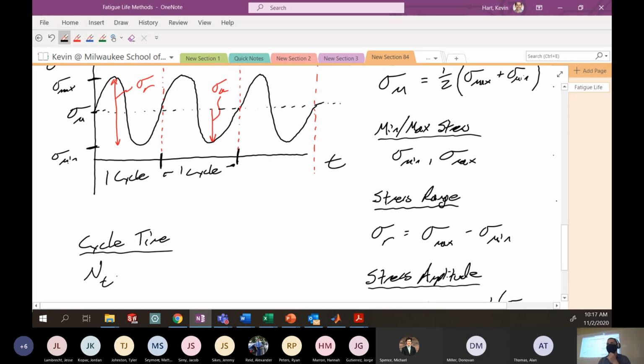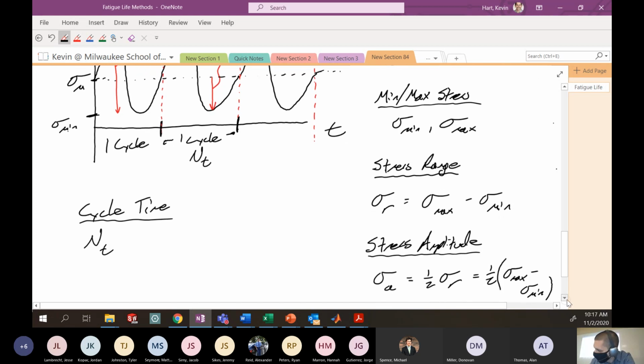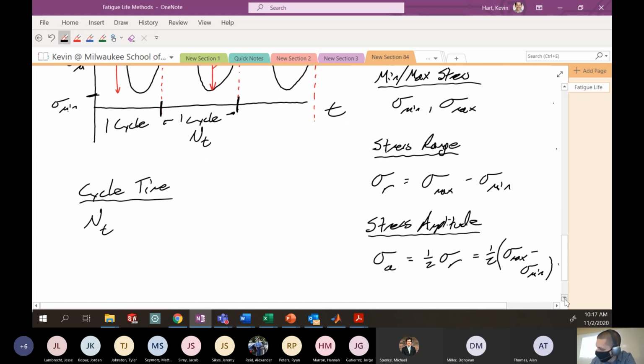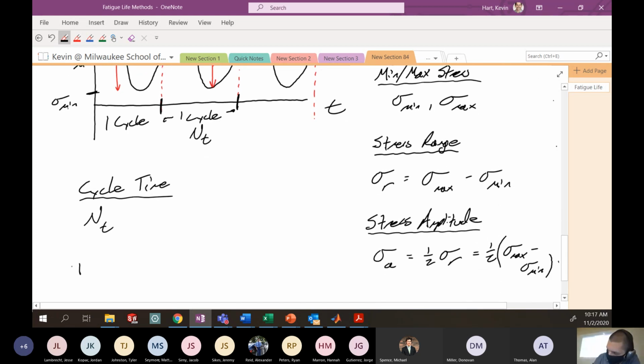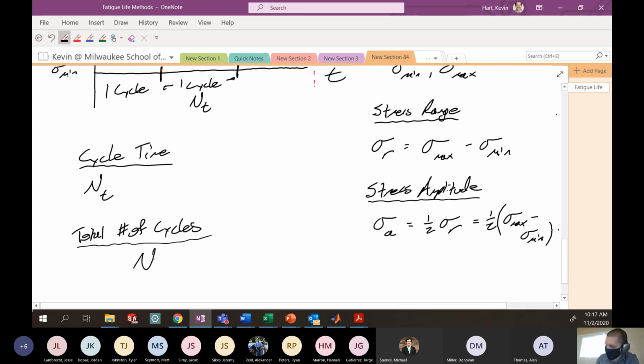That's the time for one cycle. And the last thing we want to define is the total number of cycles. We usually just denote this with a capital N. So it's a little bit confusing. The cycle time is N sub t, and the total number of cycles is capital N. Usually that's how it's given.